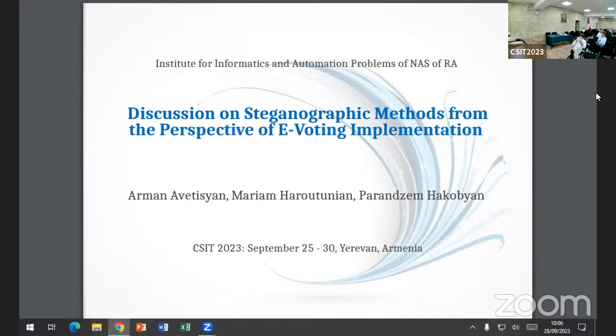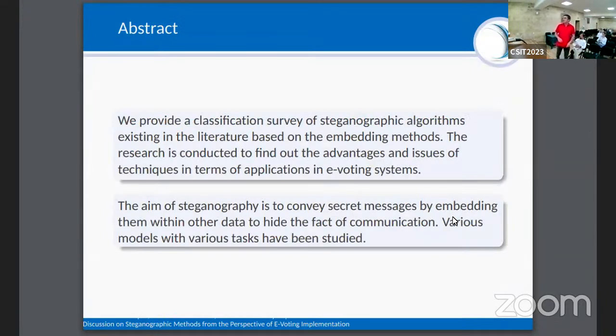We know that nowadays there are no 100% secure e-voting systems, and after that we suggested to use steganography on this step.